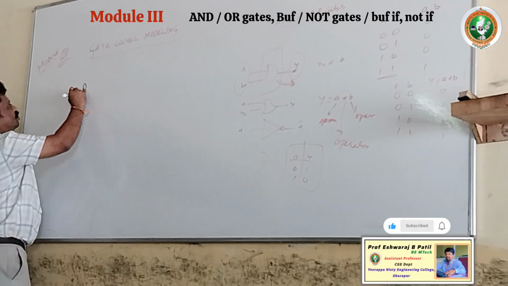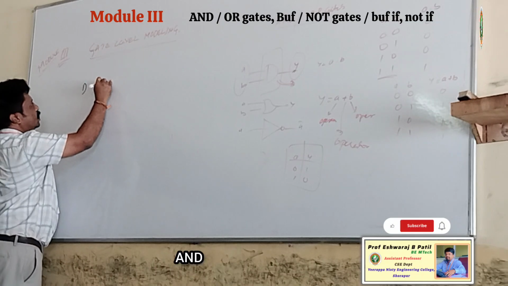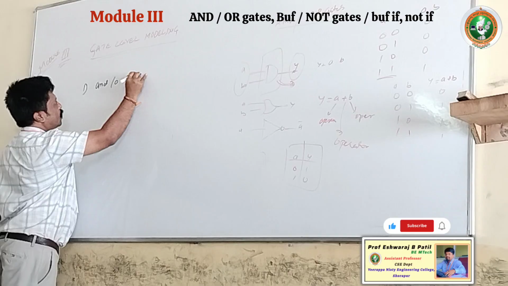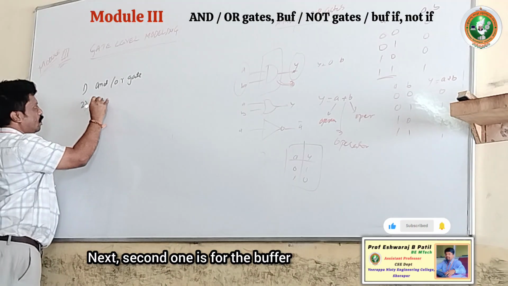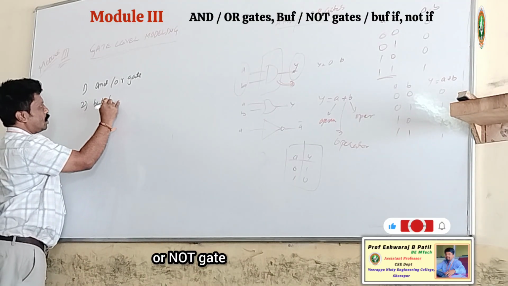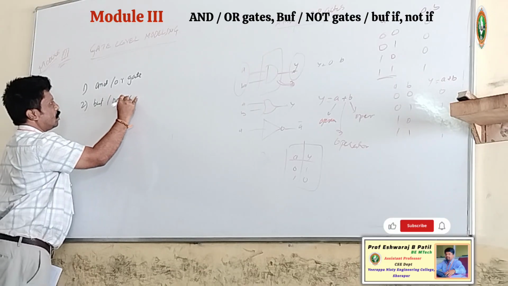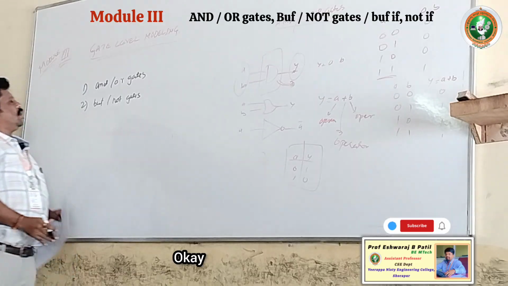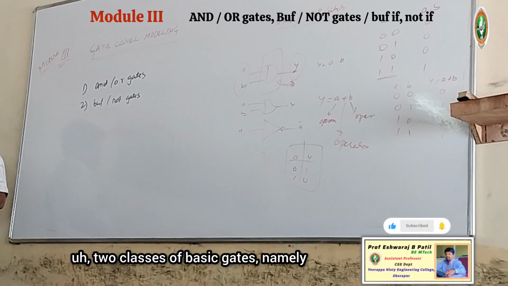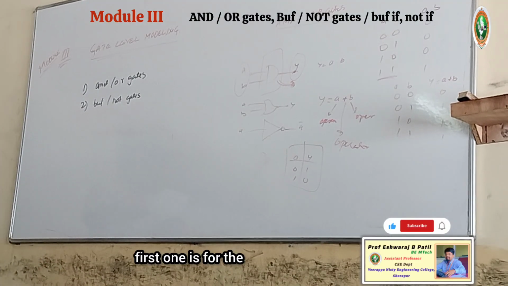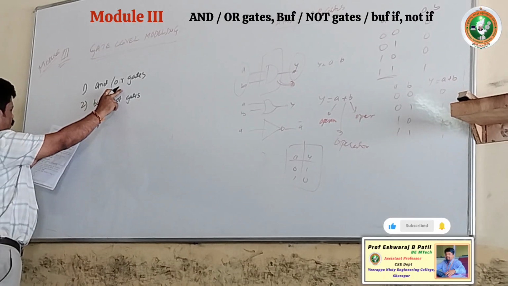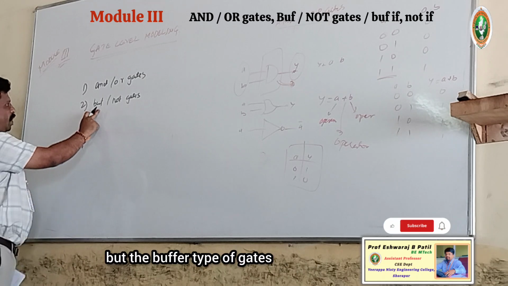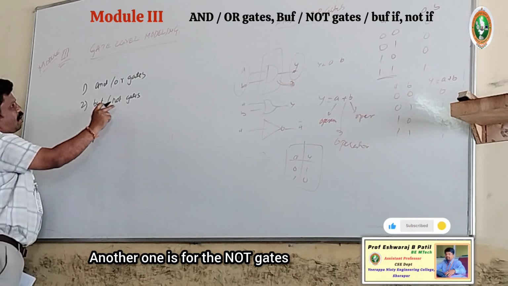One is the AND and OR gates. The second one is the buffer, that is the buf type of gates. Another one is the NOT gates.